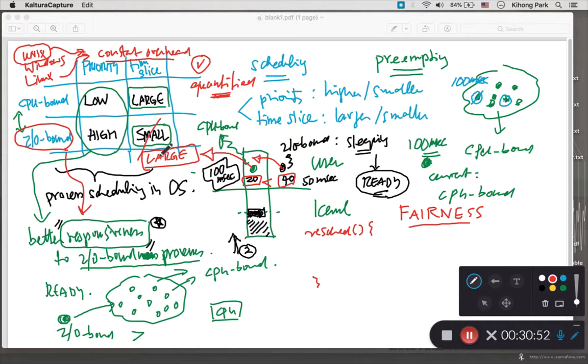Well, on the surface, we might say, well, it doesn't hurt, because okay, we give this guy a high priority and a large time slice, but this guy is not going to use up much time to begin with, so what's the harm in giving this guy a large time slice? So one could see that that kind of reasoning seems to make sense.